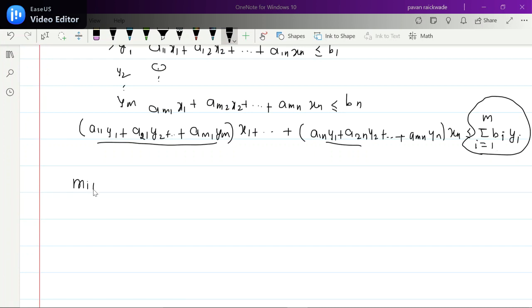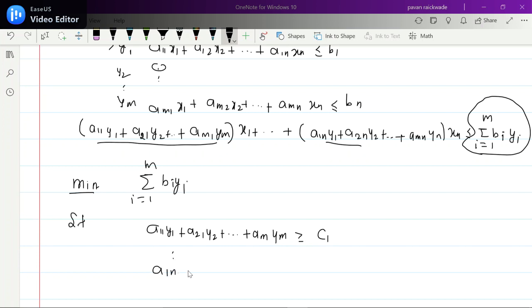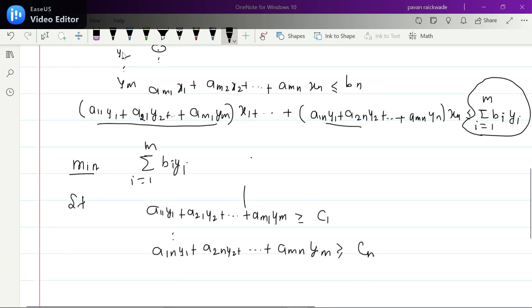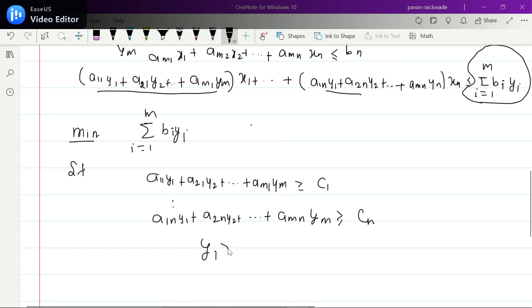So we have to minimize the upper bounds, meaning we minimize summation bi yi, i goes from 1 to m, subject to the conditions a11 y1 plus a21 y2 plus up to am1 ym greater equal c1, and similarly until a1n y1 plus a2n y2 up to amn ym greater equal cn. Also these yi's are all greater equal 0.